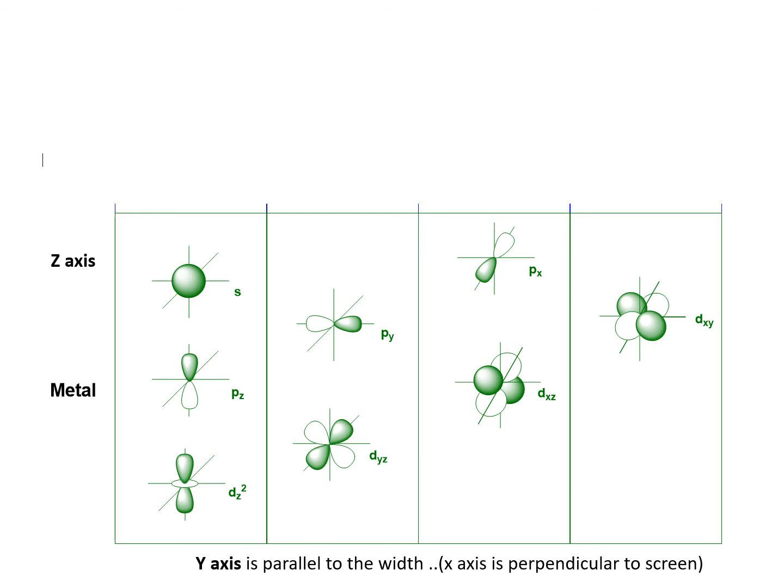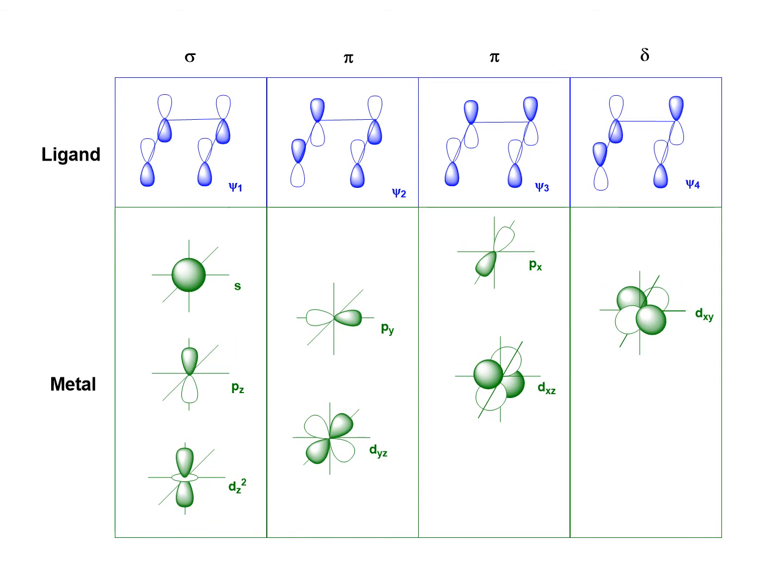Mainly you're looking through the x-axis at the ligand and the metal orbital. So these orbitals on the metal now match up with the ligand orbitals. You find that the interactions are in this particular fashion.